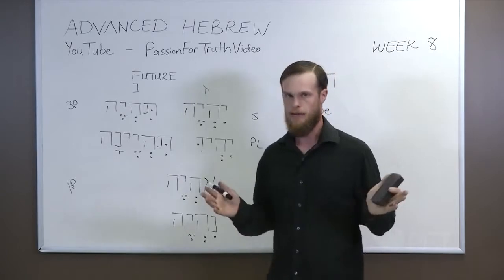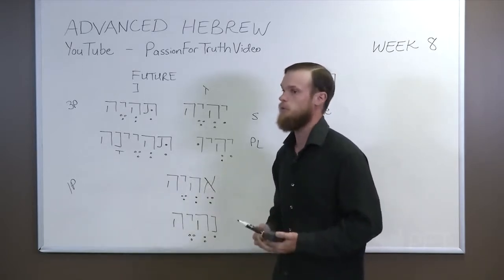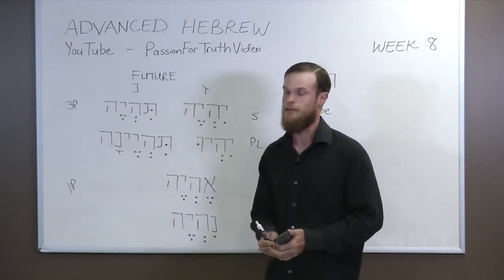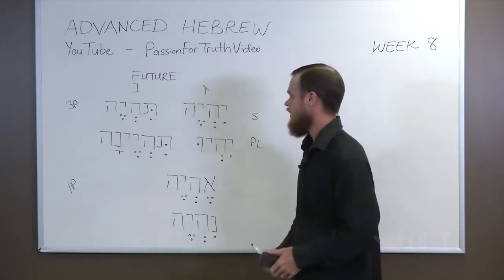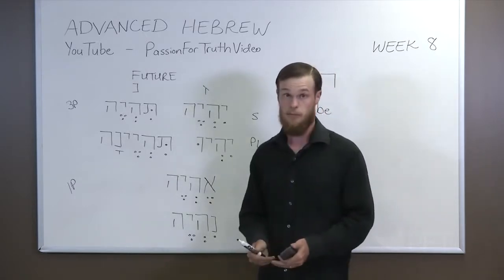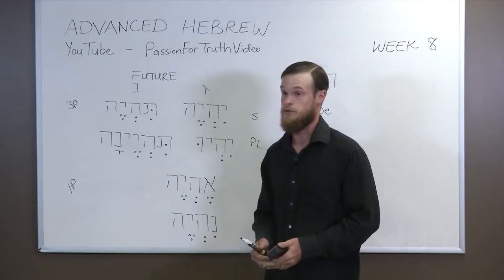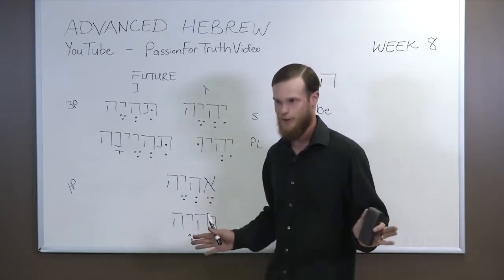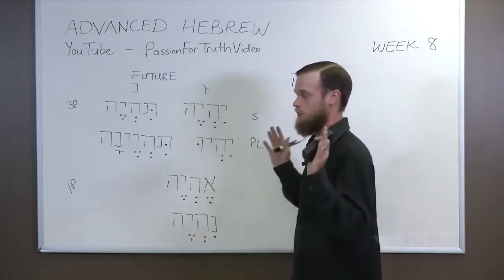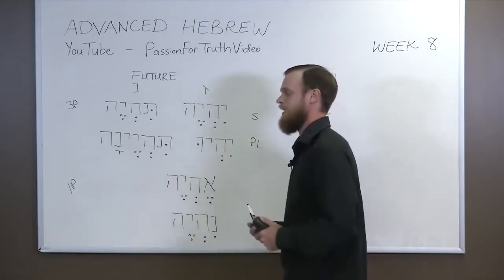But in my humble opinion, I will be would be a better translation. Now that has theological implications for some people, which is probably why it's preserved in certain translations. I'm not going to go there. I'm just speaking strictly as a grammarian. Eheye means I will be.